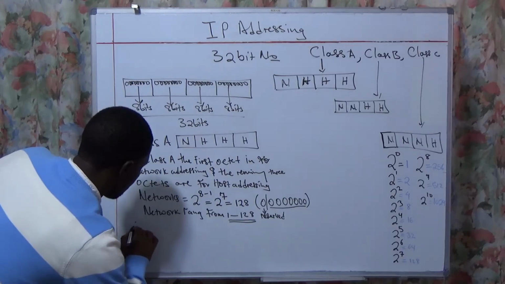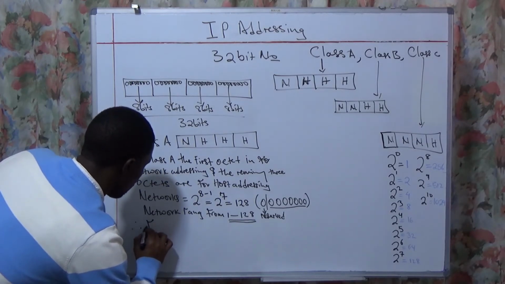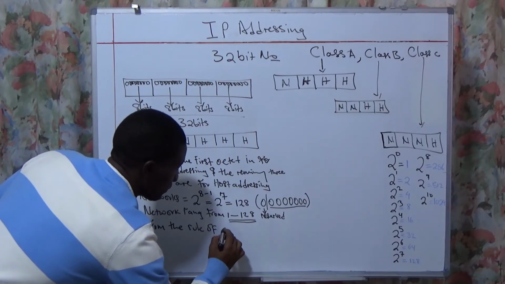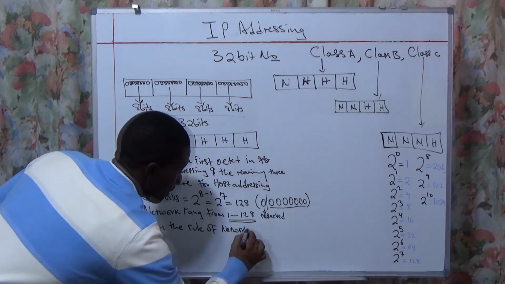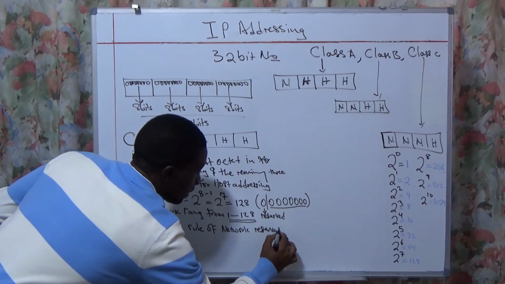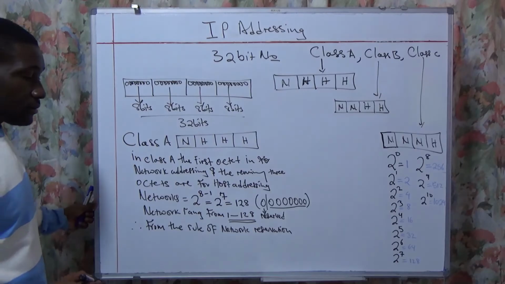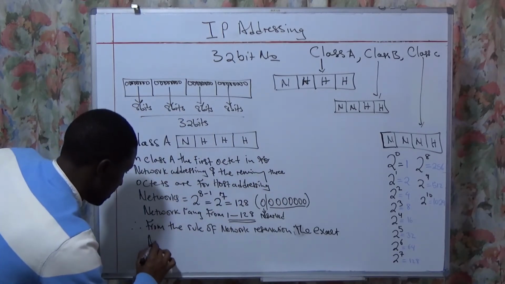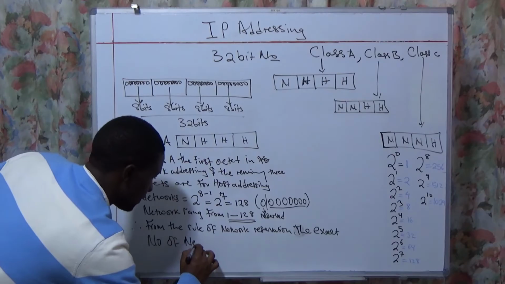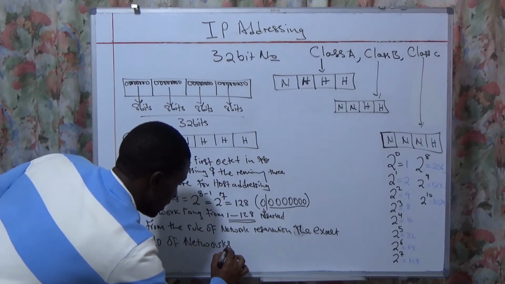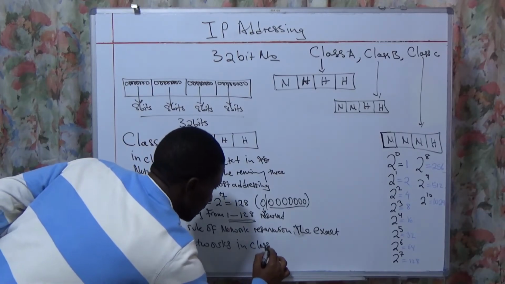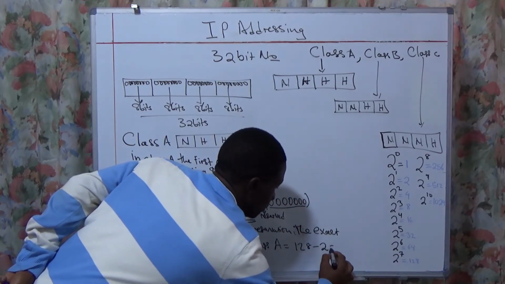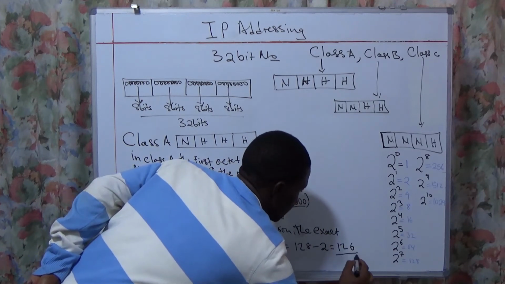Therefore, from the rule of network reservation, the exact number of networks in class A equals 128 minus 2, which will equal 126.